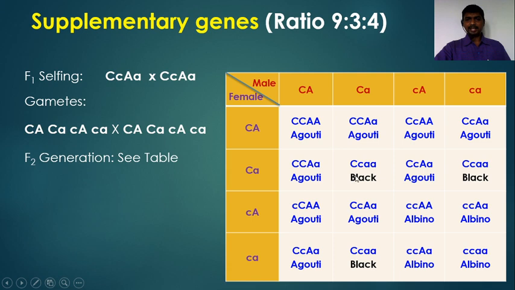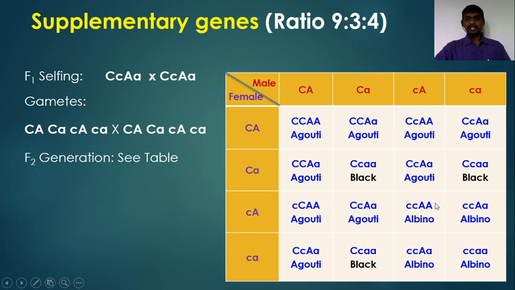How is it black? Because this A gene is recessive and this C gene is dominant, this C gene gets expressed and produces the black coat color of the mice. This albino color occurs because of the recessive allele small c, which masks the phenotypic expression of the A gene.